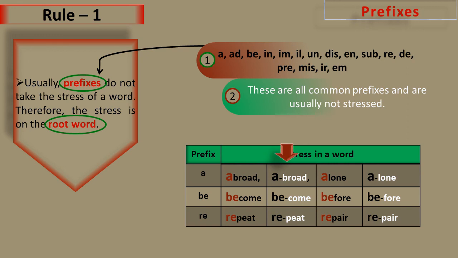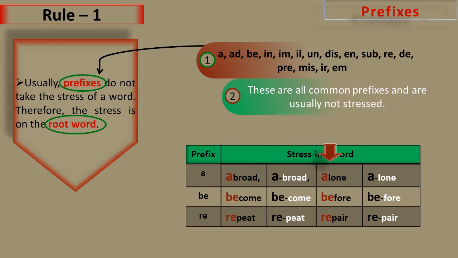Coming to the second column, in the second column, the root words are highlighted in white. Why? Because according to the rule, the stress is only on the root word, not on prefixes, because here the prefixes are common prefixes, or what is that, weak prefixes. With the help of one more example, you can understand the same. See the third column.